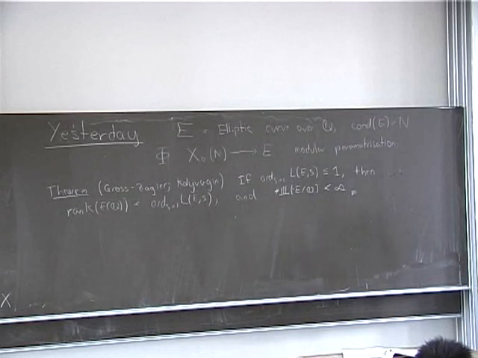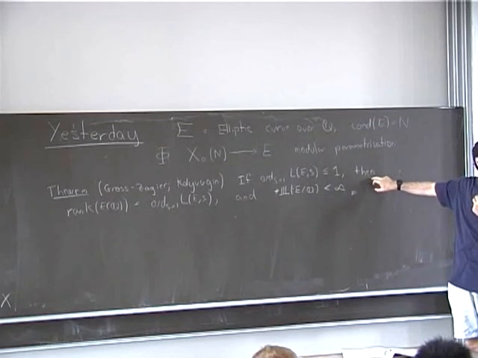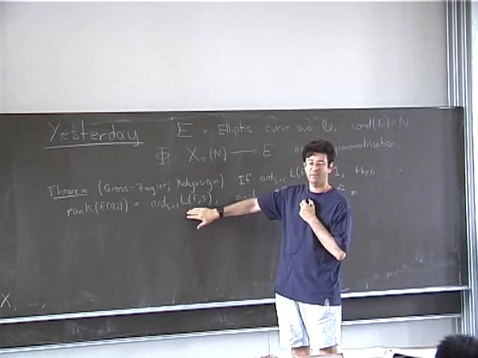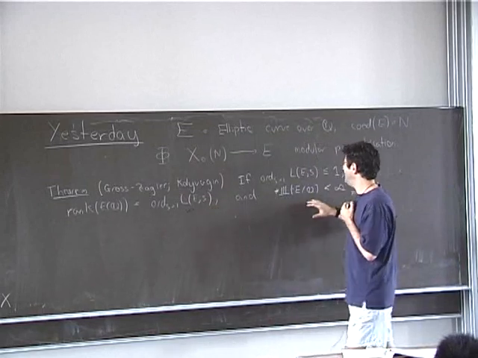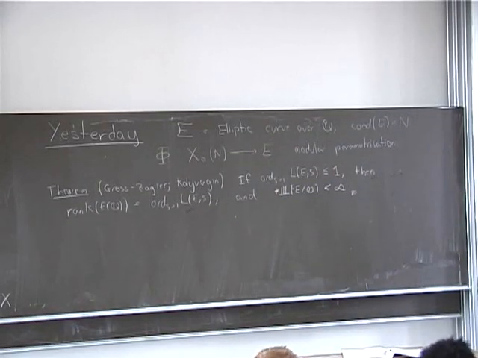And the result is that if the order of vanishing of this L-series at the central critical point, s equals 1, is at most 1, then the rank is the one predicted by the Birch and Swinnerton-Dyer conjecture. And also, as a byproduct of the proof, we know that the Shafarevich-Tate group of the elliptic curve, which I mentioned a bit last time, and which measures the complexity or the lack of effectivity of descent in studying the Mordell-Weil group, is finite.